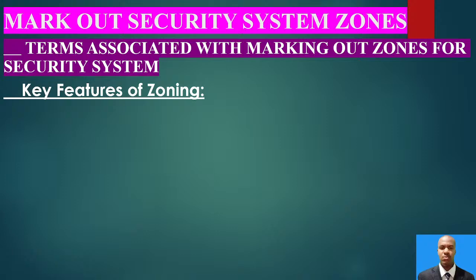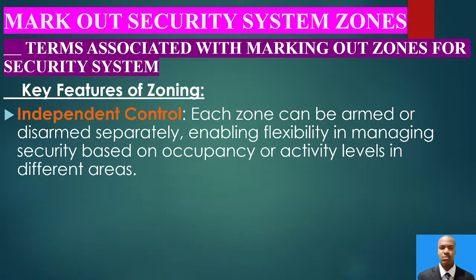So we have the key features of zoning, which includes that it offers independent control. That means each zone can be armed or disarmed separately, enabling flexibility in managing security based on occupants or activity levels in different areas.